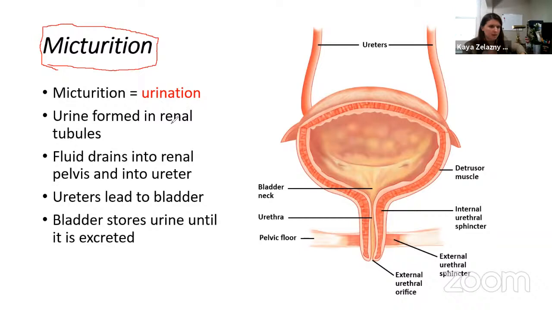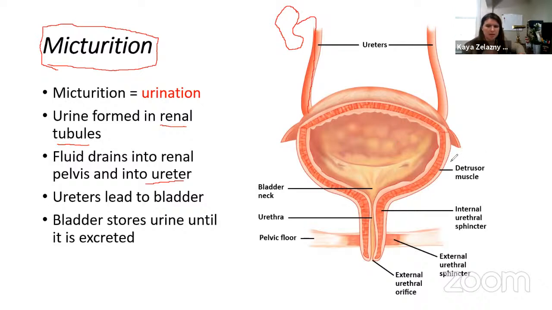That urine then moves into the renal tubules, drains out of the kidneys, so out of the renal pelvis into the ureters. Right, so we would have a kidney up here, draining into the ureter, which leads to the bladder. The bladder stores the urine until it's excreted.